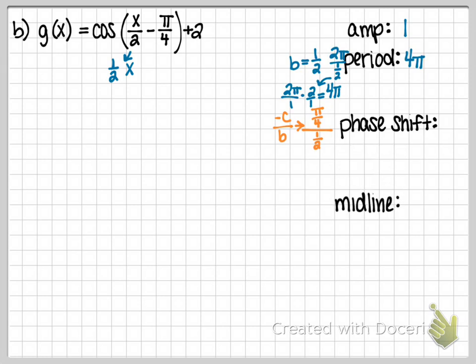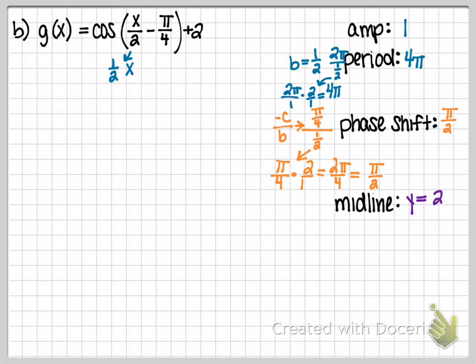So to divide by a fraction, I have to multiply by the reciprocal. So I have pi over 4 times 2 over 1, which gives me 2 pi over 4, which simplifies to positive pi over 2. The midline is that guy down there at the end, so I have 2 over there, so y equals 2.